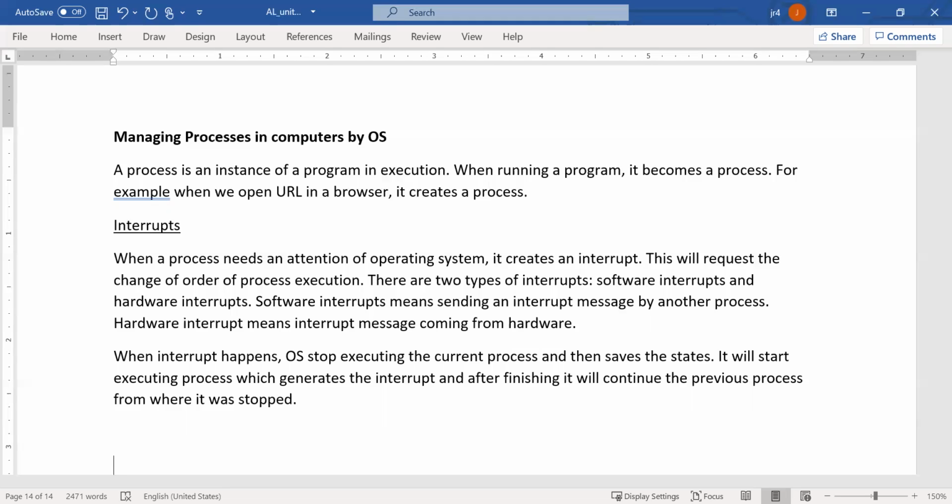It will start executing the process which generates the interrupt, and after finishing, it will continue the previous process from where it was stopped.